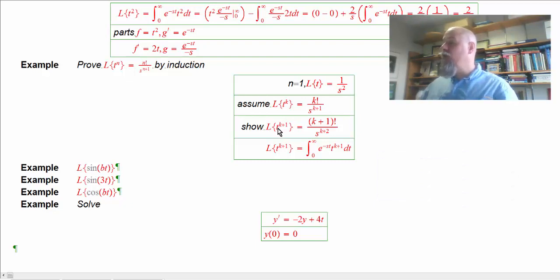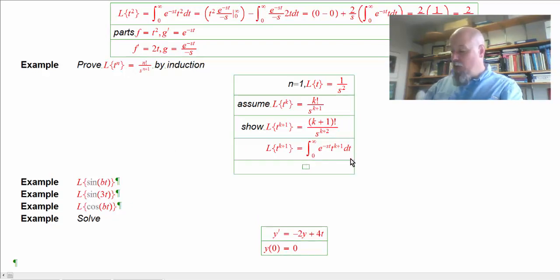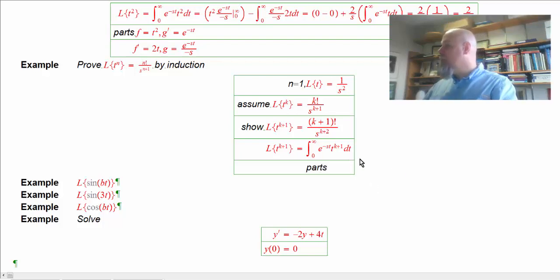So I need to show that the Laplace transform of t to the k plus 1 is equal to this formula where n is equal to k plus 1. So now I'm transforming t to the k plus 1. Now I'm popping it into the definition, and this I'm going to do by parts. So I need one part to differentiate, and that's going to be the t to the k plus 1.